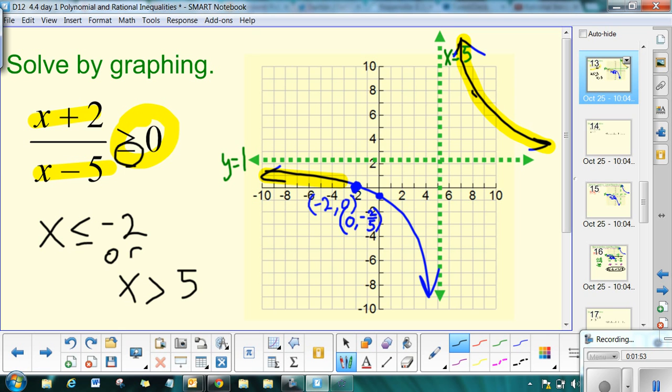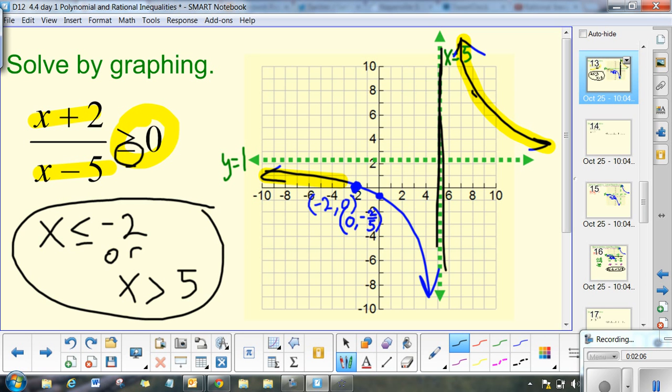Since we have an asymptote here, we can't put that in, so it just stays greater than. It's not equal. 5 is not a part of the solution, so therefore it's above or equal to the x-axis: anything less than or equal to -2, or anything greater than 5.